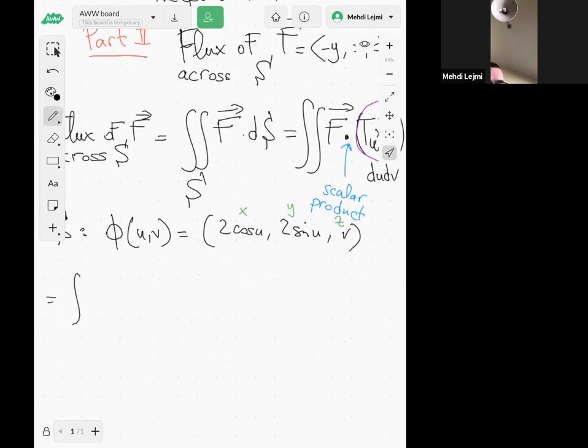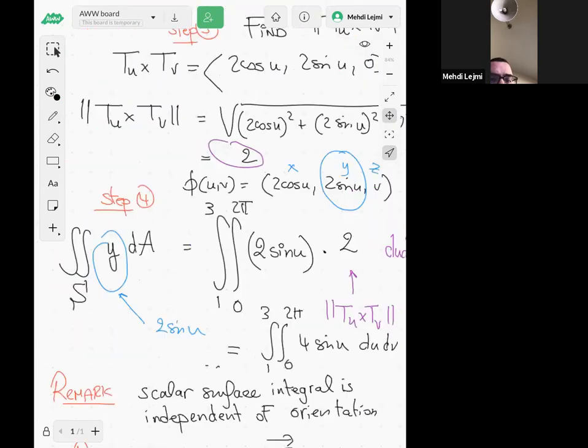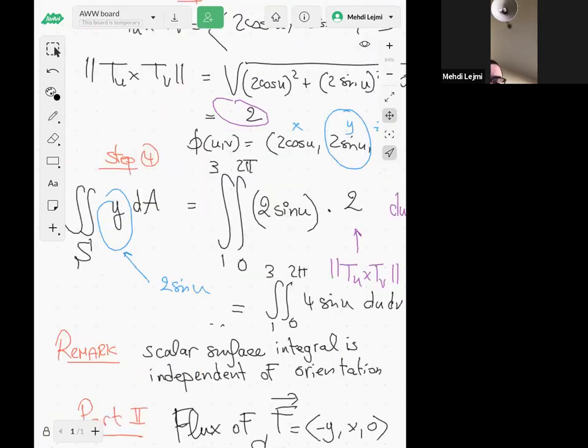All right, so let's do this. We have this double integral. What's my vector field F? It's minus y, x, 0, scalar product with Tu cross Tv, which is 2 cosine of u, 2 sine of u, 0.